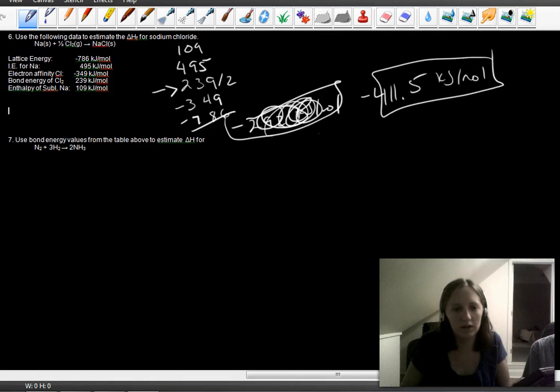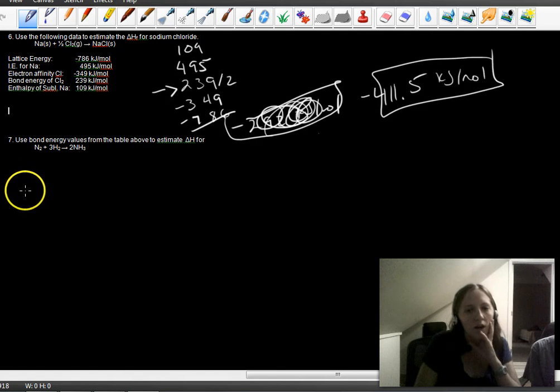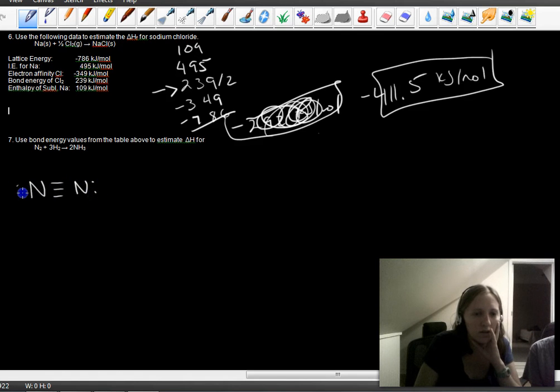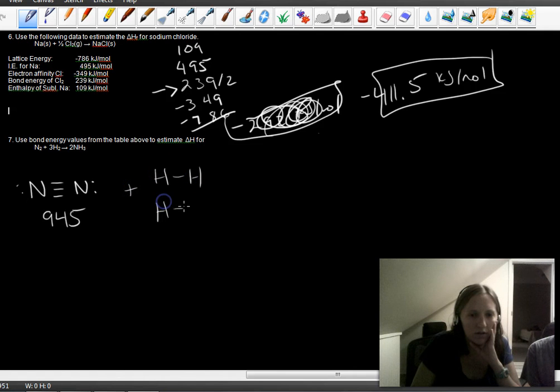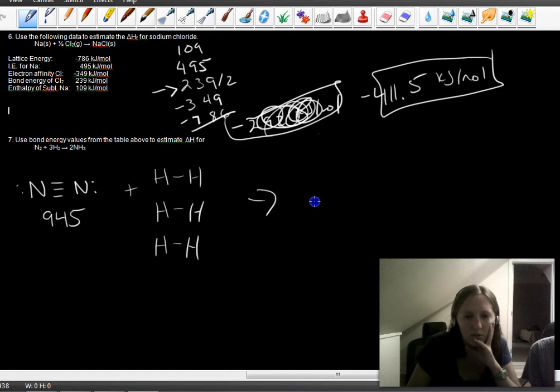All right, use bond energy values from the table above to estimate delta H for this reaction. So we've got N2. It's helpful to draw them. There's your N2, so we've got to break a triple bond. That's that 945. And hydrogens, that's 3 of those, and you end up with a couple of NH3s.